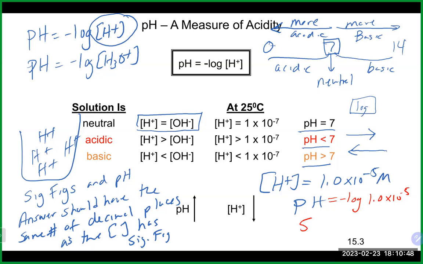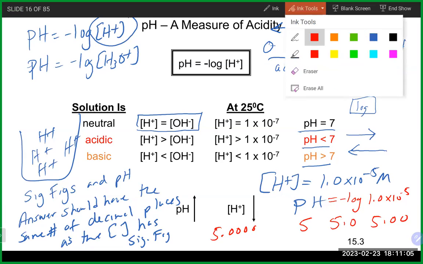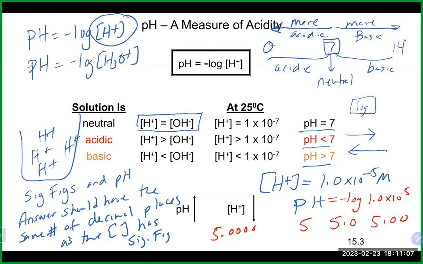Regardless of that, you should get the lucky number of 5 staring at you, hopefully, on your calculator. So what should we record? 5, 5.0, 5.00, 5.0000. So what we want to look at here is the concentration value, and the concentration value here, this number, has how many significant figures?